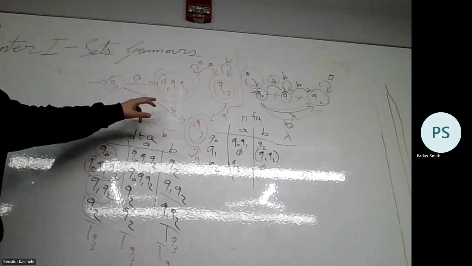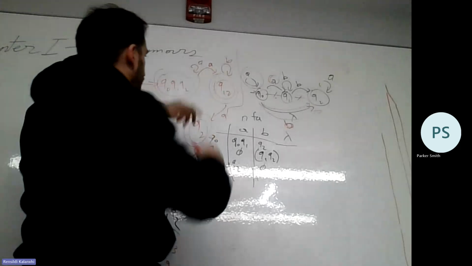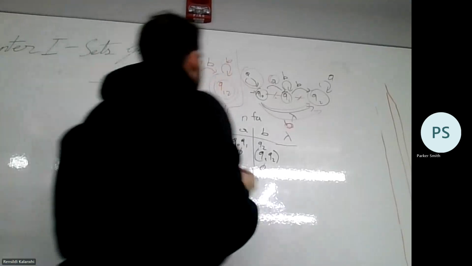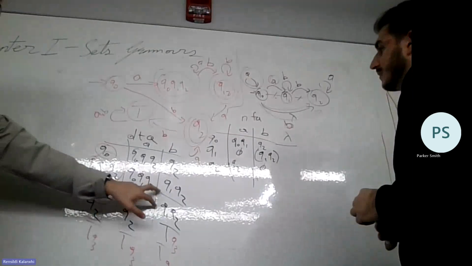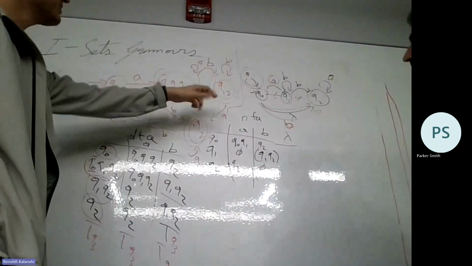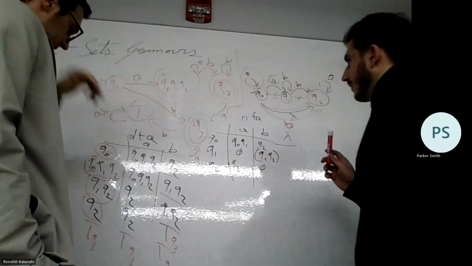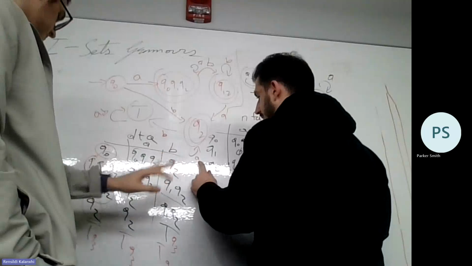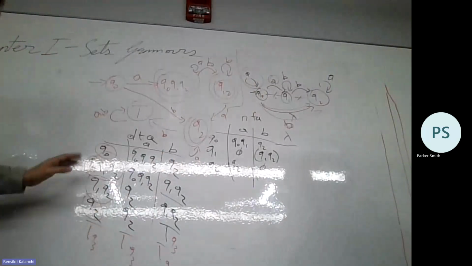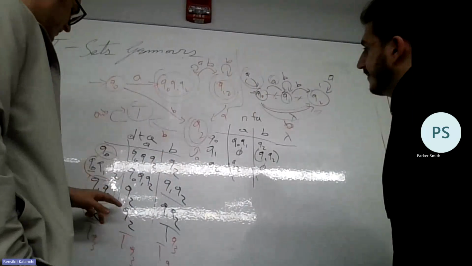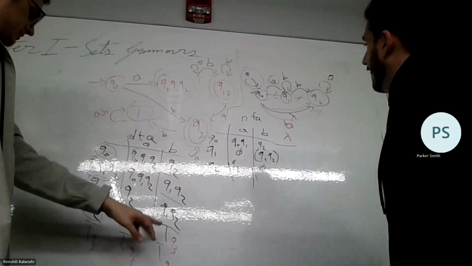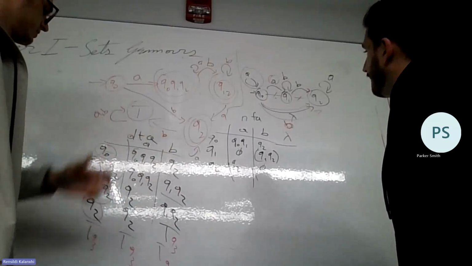Oh sorry, this is A, this is B. I have a question here. Why does Q1, Q2 have two loops for B? It has B here, Q0 to Q1. This is A. Oh, that's the difference. No, don't worry, I mixed it up somehow. I'll figure out the issue. And Q2 to Q2, and Q2 to the trap. So what's the issue here?